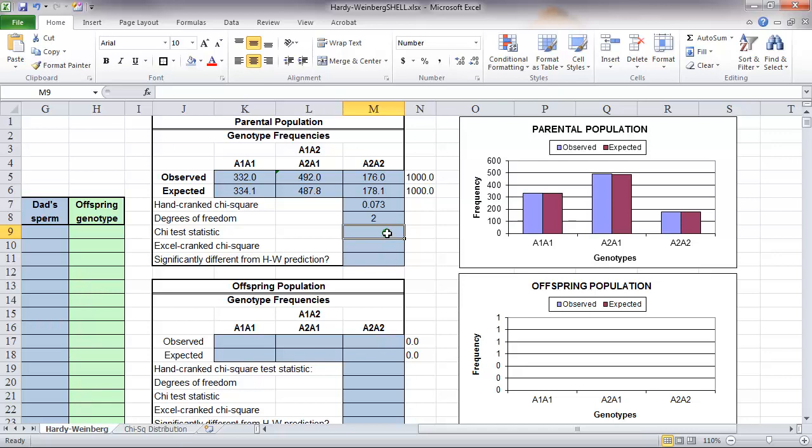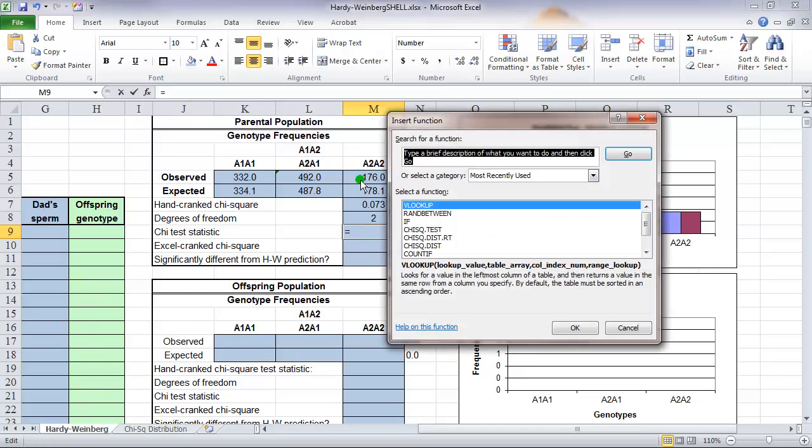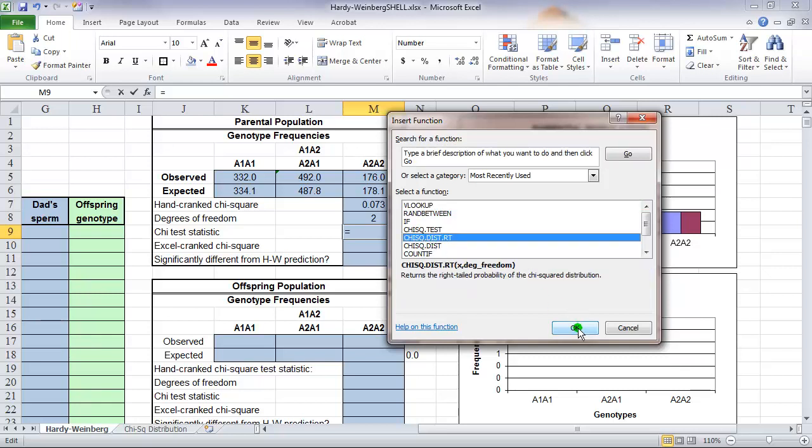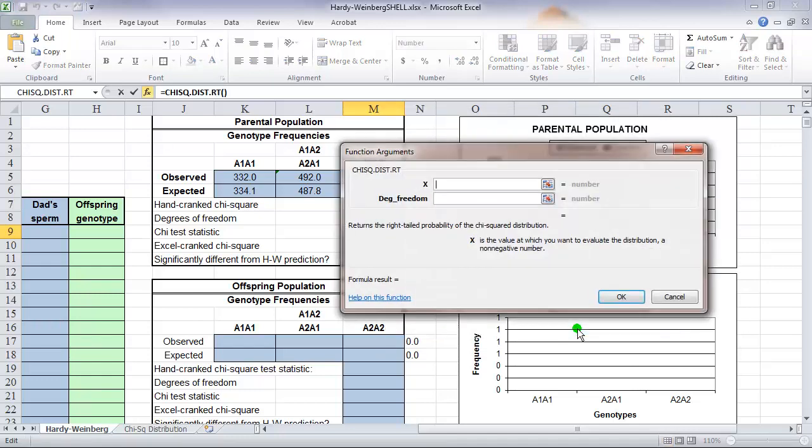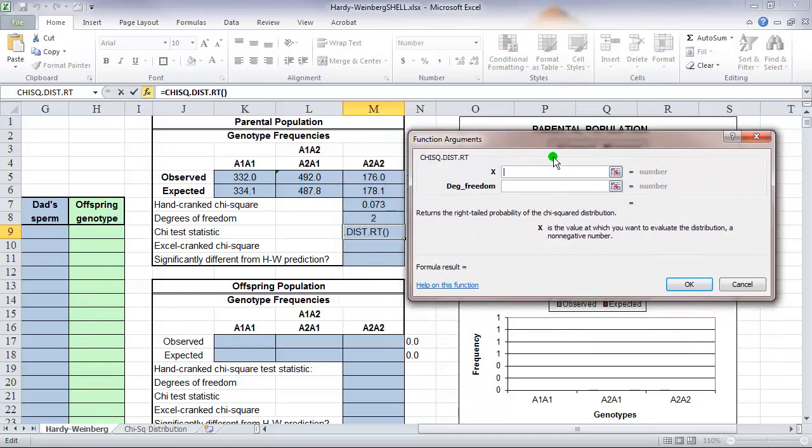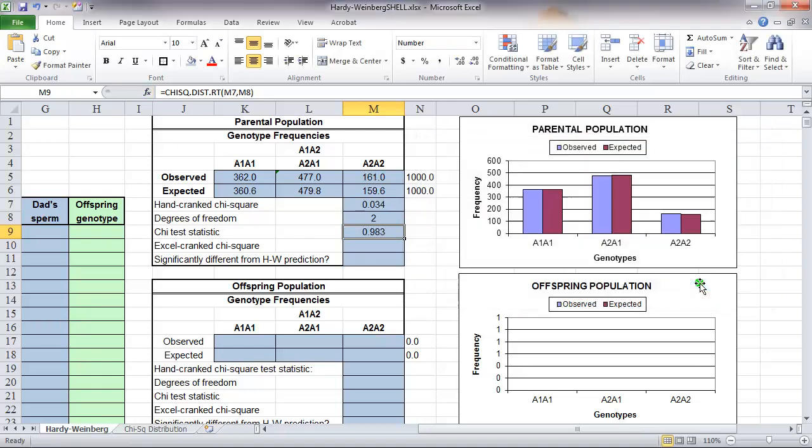Now, the chi-square test statistic can be calculated using that function we used on the other sheet. This is called chi-square distribution right-tailed, which returns the right-tailed probability of the chi-square distribution. So we're interested in finding our observed test statistic from a chi-square distribution with 2 degrees of freedom.